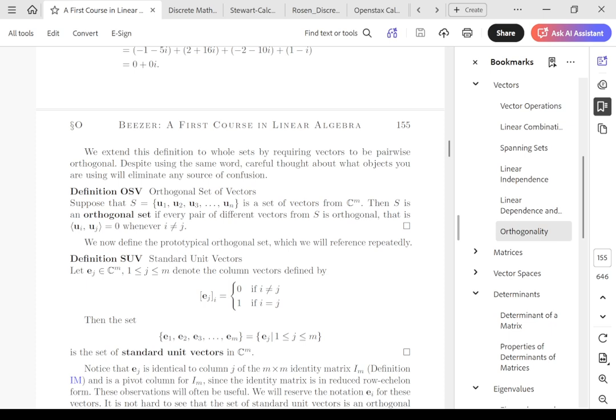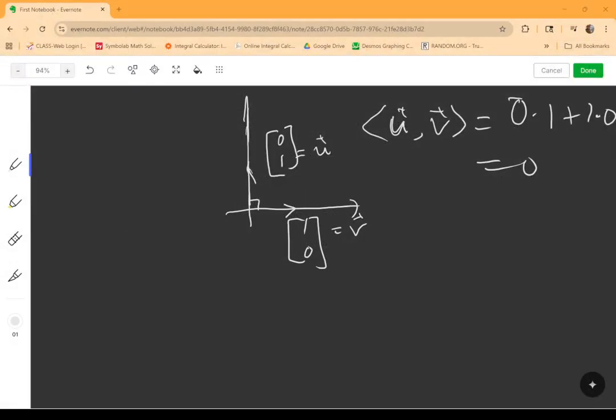Now we can take it a step further. If the norm of every single one of the vectors was 1, then we would call that orthonormal. Let's write that down.